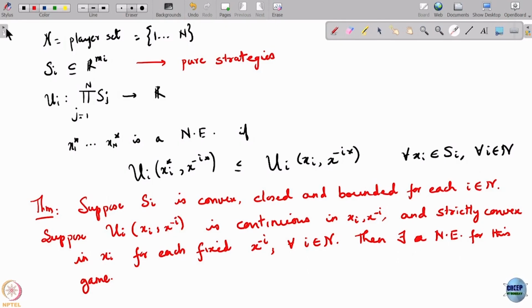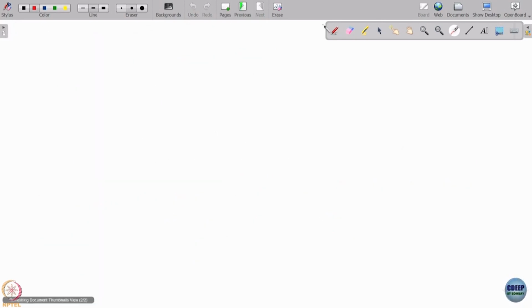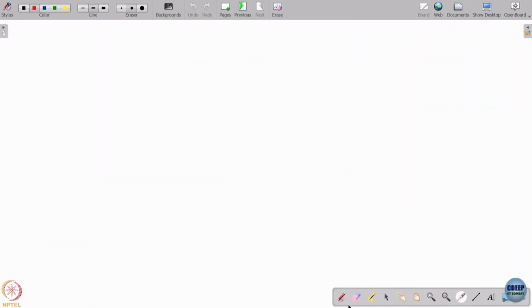So what we need here is something like a more specific version of Kakutani, which is actually an earlier version, attributed to a mathematician called Brouwer. So it is what is called Brouwer's fixed point theorem.